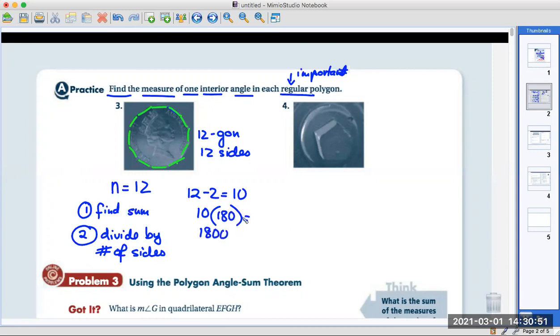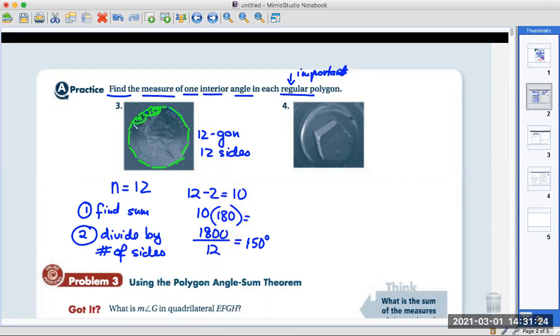I just add a 0 here. Divide by the number of sides, 12. That's 150 degrees. So in other words, each angle here is 150 degrees, each one of them.